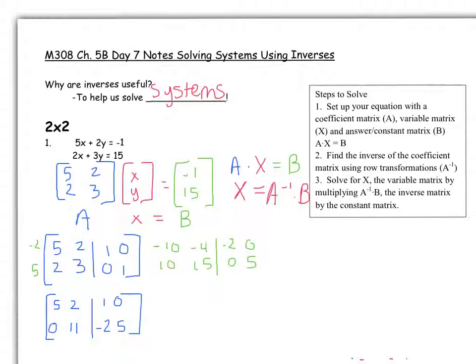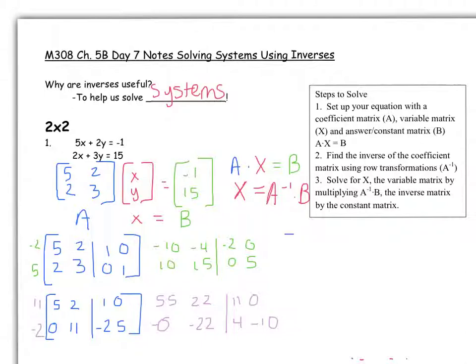Alright, then I'm going to work on getting a 0 in the top right position. So I think I'll multiply this one by 11 and this one by -2. So we've got 55, 22, 11, and 0. And then 0, -22, 4, and -10.